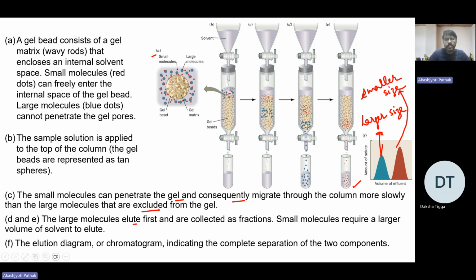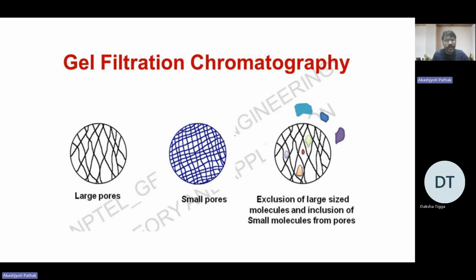So as I was explaining, the gel bead is made up of a gel matrix, and depending on what type of cross-linking agent you are using, that will determine the pore size of the gel.